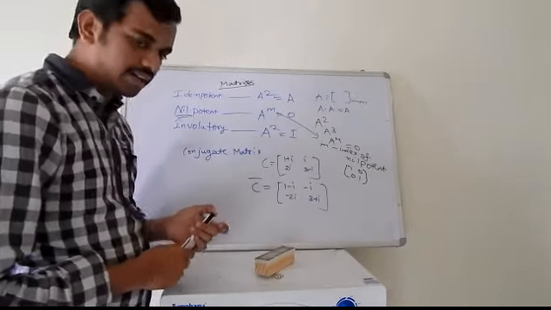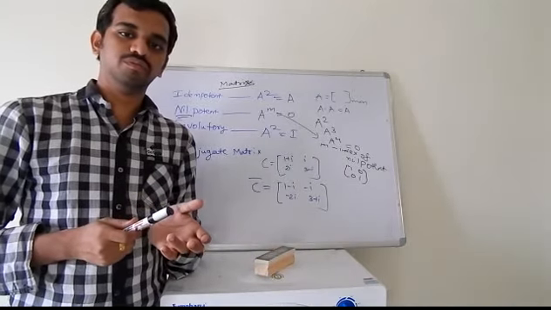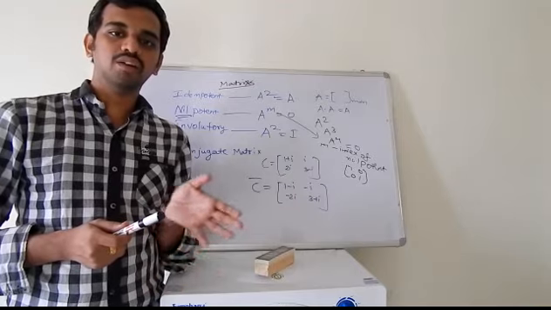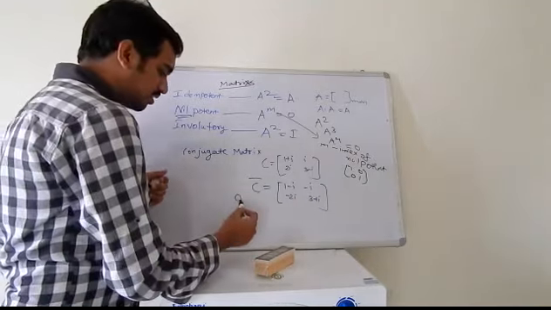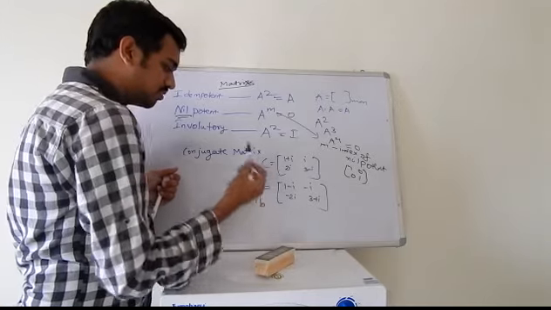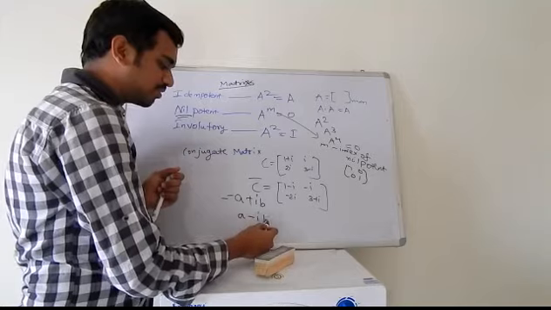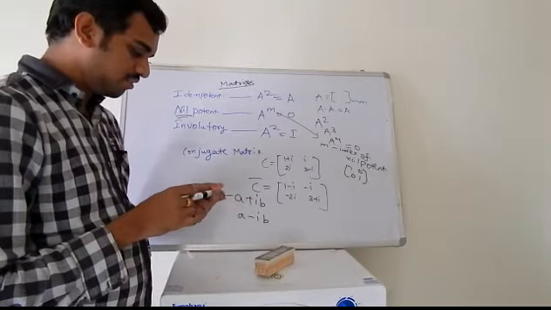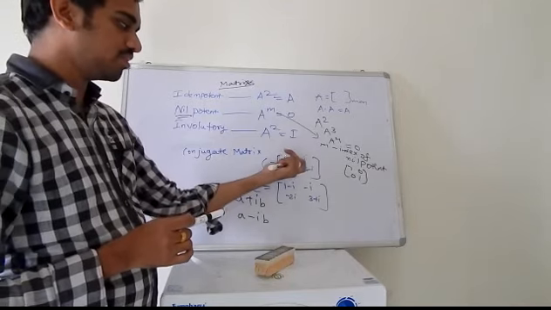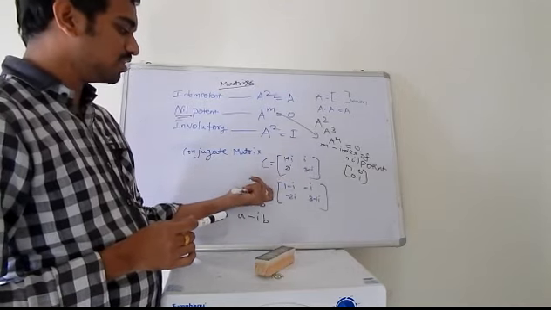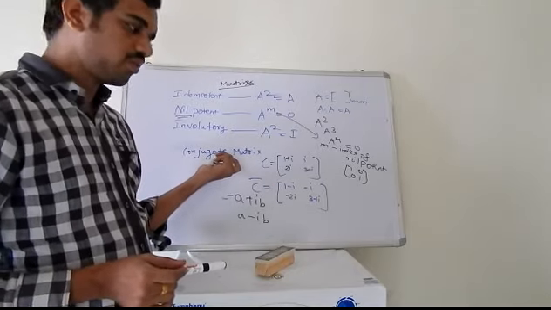Conjugate matrix. What is a complex conjugate? A plus iB is a complex value, and its complex conjugate is A minus iB. If a matrix has complex values and you take the complex conjugate of each entry, the result is the conjugate matrix.